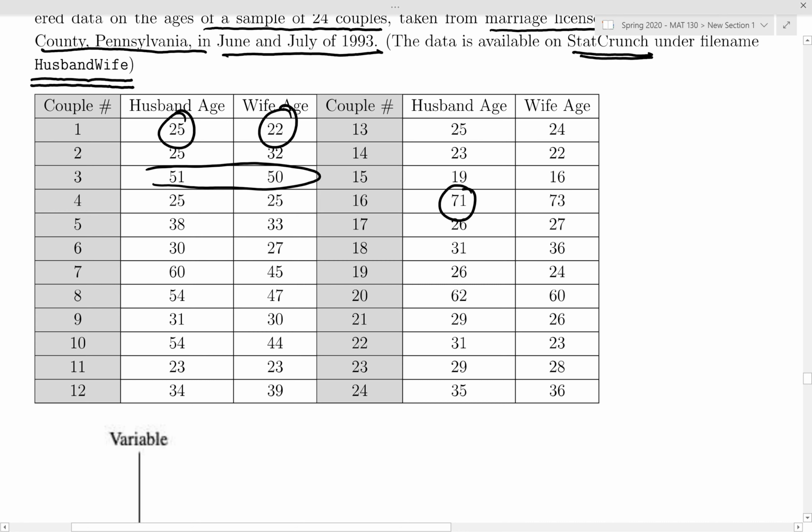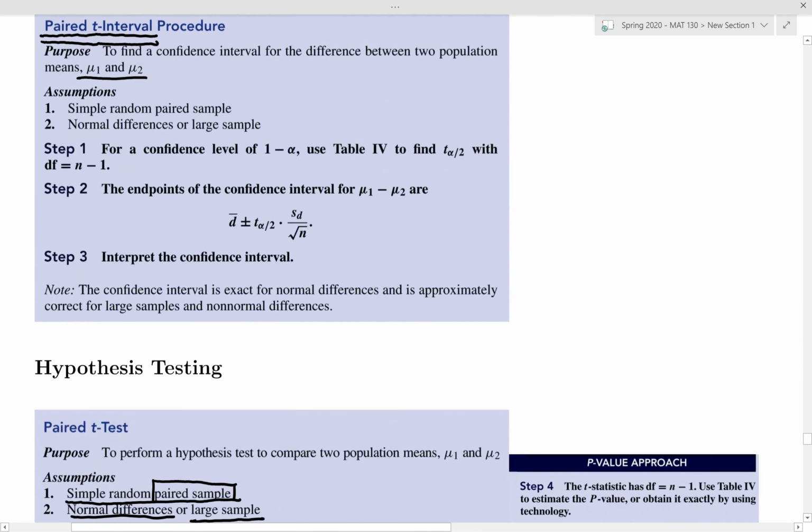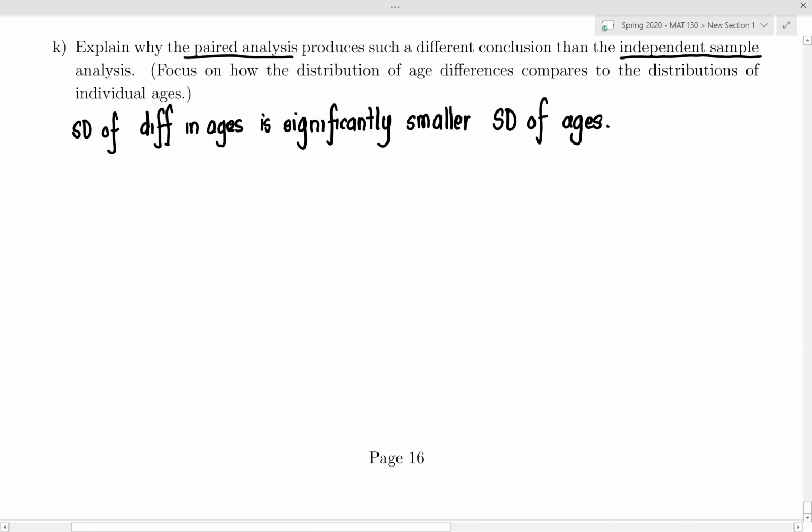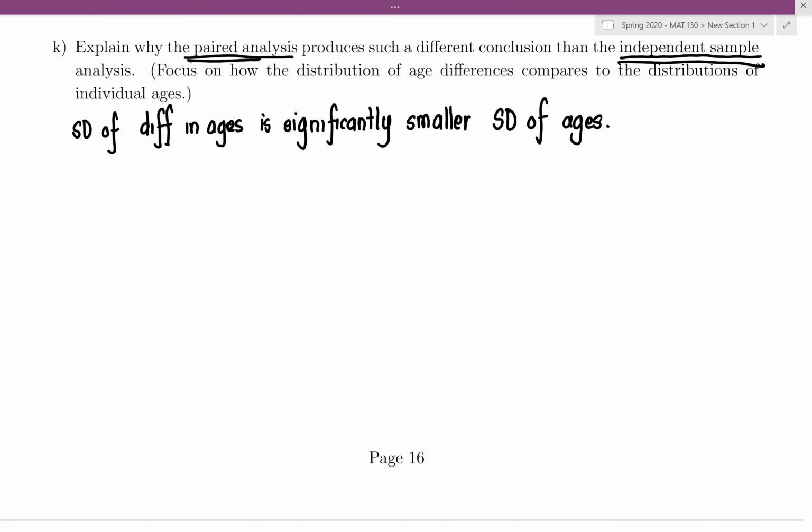The same thing for wives, 22 and 73. Standard deviation of ages is a lot bigger than the standard deviation of difference in ages. And that's the reason why we get smaller confidence intervals and smaller p-values when we're doing paired analysis as opposed to when we're doing the independent sample or the non-pooled T sample analysis.